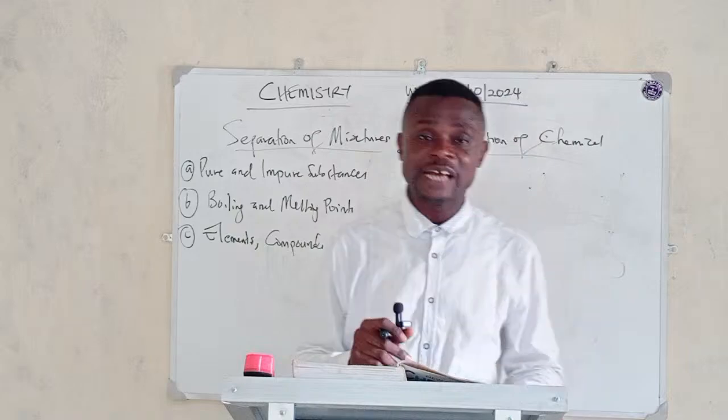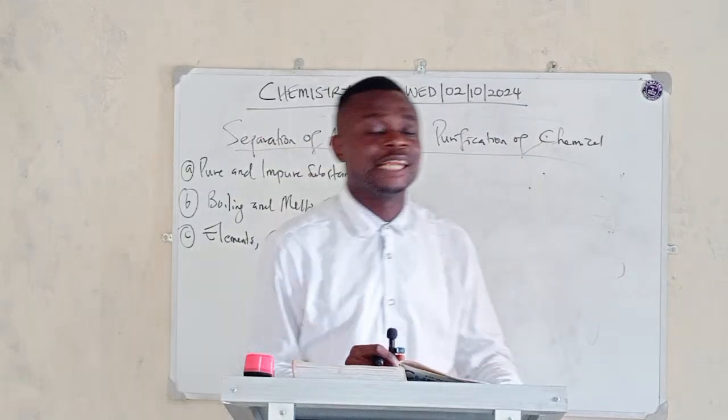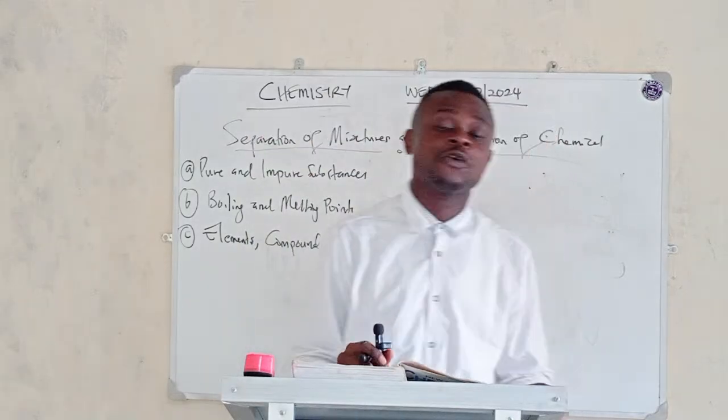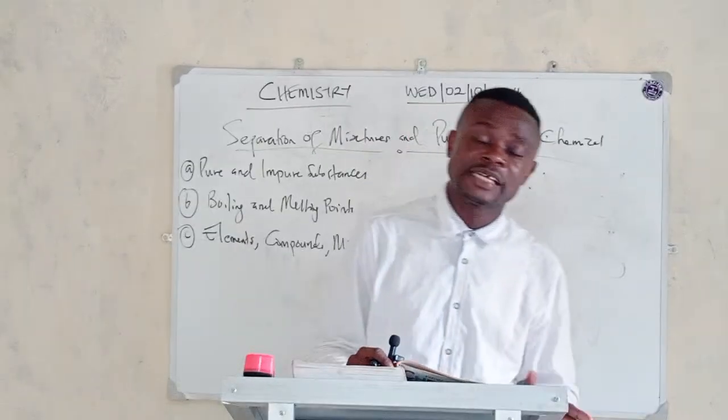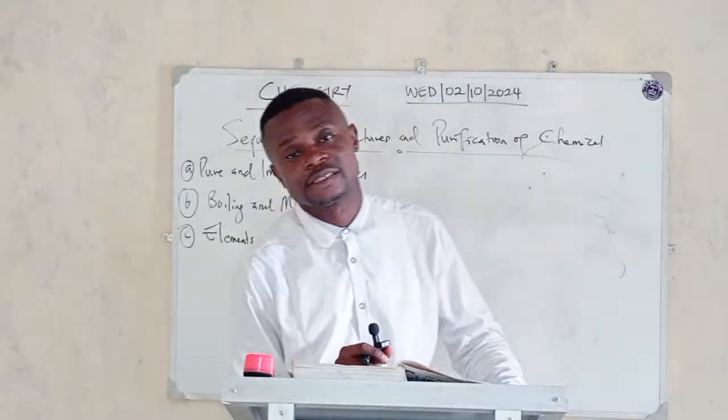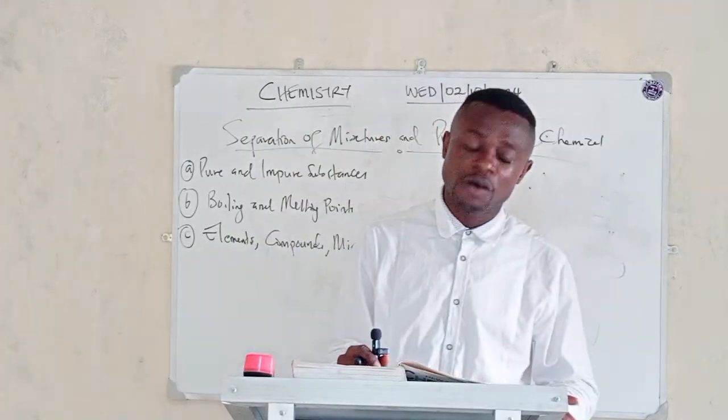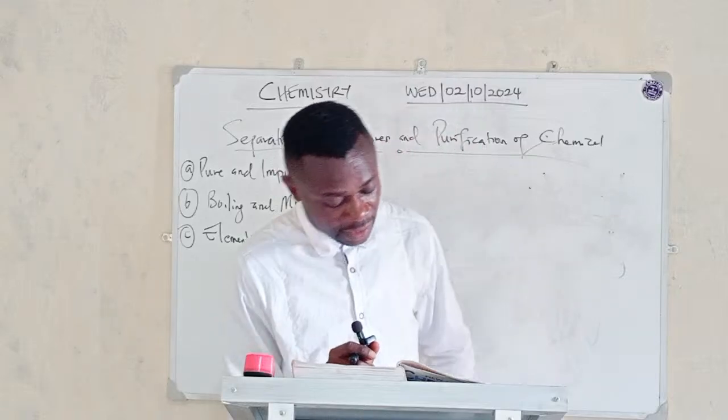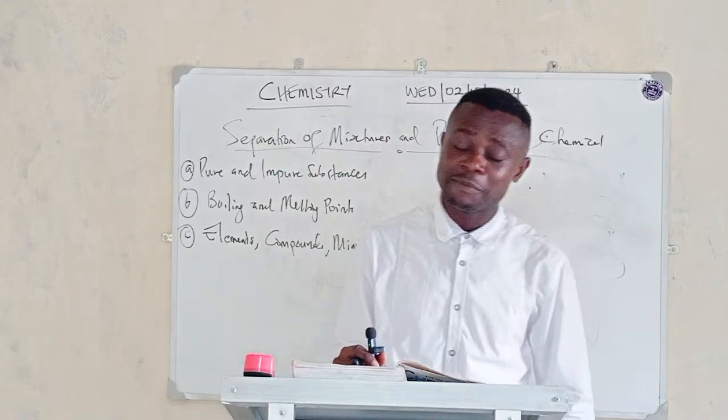So remember I said that elements are grouped into three. We have metals, non-metals, and semi-metals or metalloids.